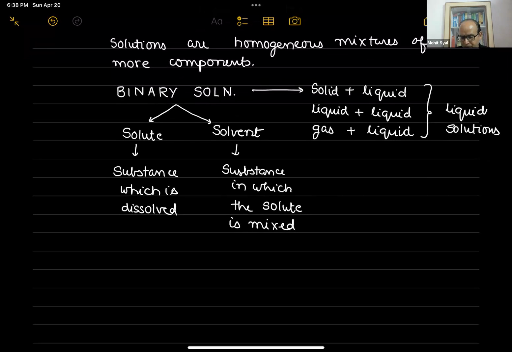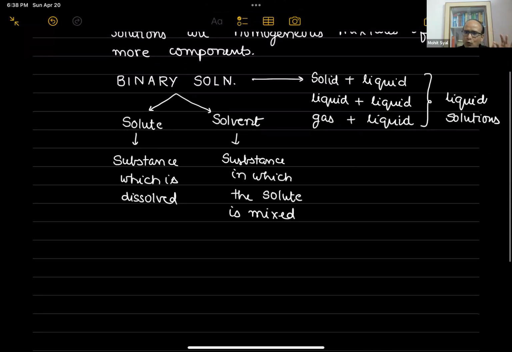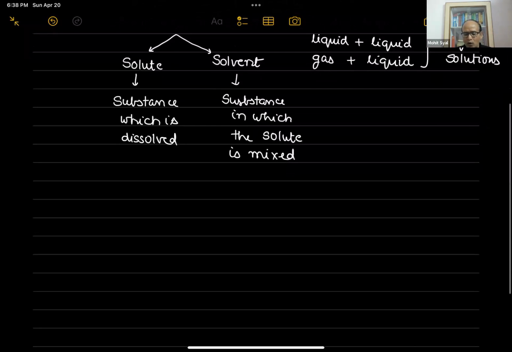Now, how to express the relative amount of solute and solvent? There are two ways. One is the qualitative, another is the quantitative way to express the concentration. So what are the qualitative ways that all of us use in our daily life, and quantitative ways to express the concentration? Can you tell me?